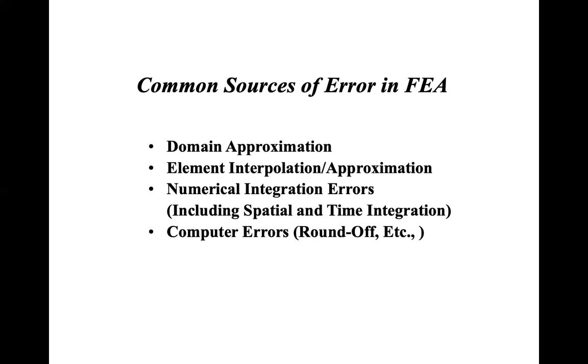Now, while considering the element and the interpolation function, we may have some errors, because we are approximating it as linear, quadratic or cubic. So we are not taking the exact, and there may be some error.